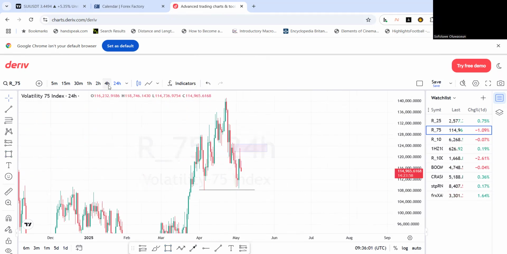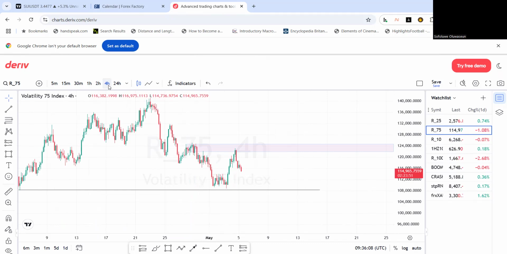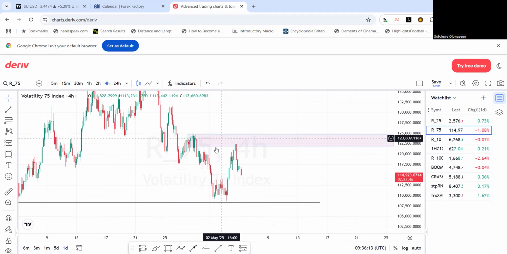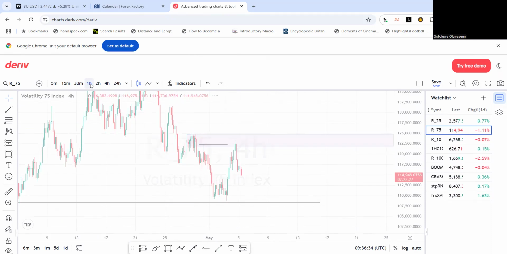Why? Let's go to 4 hour. Okay, so we can see there's liquidity here. Points of liquidity here, which price cleared. Price cleared the liquidity and tapped into this small imbalance here. If we go to 1 hour, we will see it clearly.